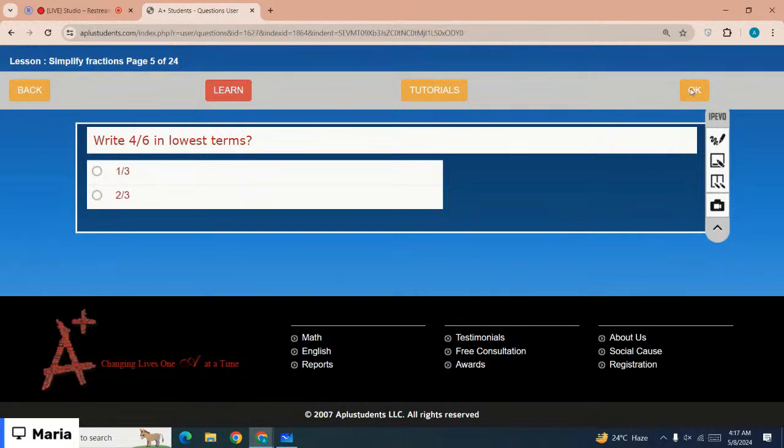Yes, that is 2 over 3 is the correct option. Very good.